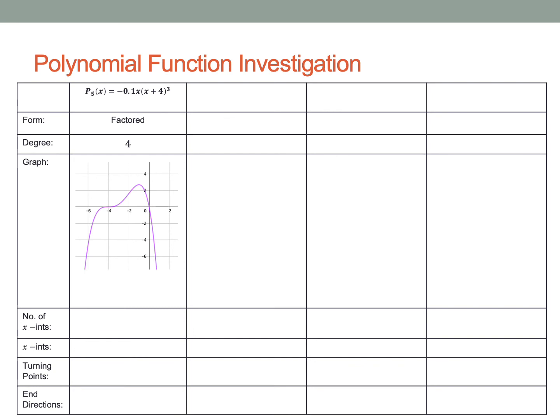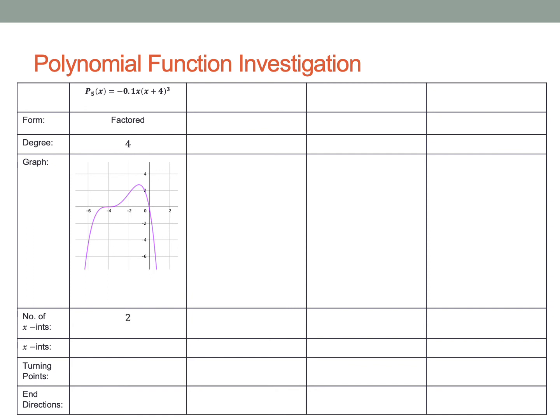Well, this is repeated and it's not bouncing, but it is doing something else. It's kind of changing the way it's going up. It's going up and then slowing down at negative 4 when it hits the x-axis, and then now it's increasing again.